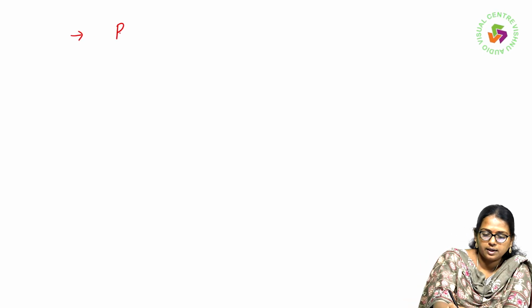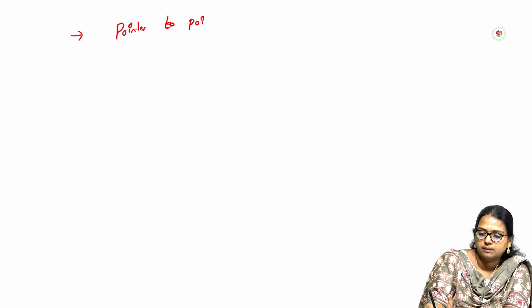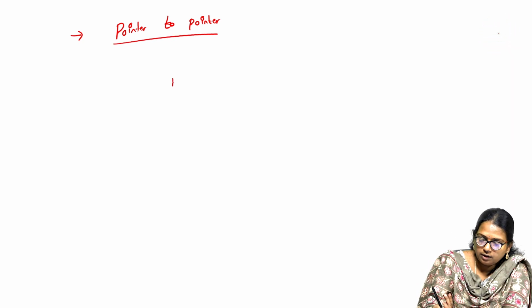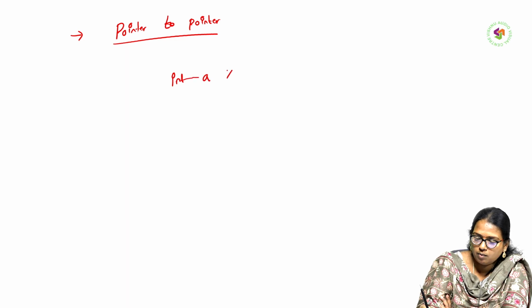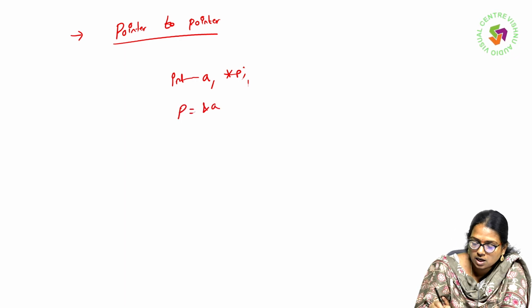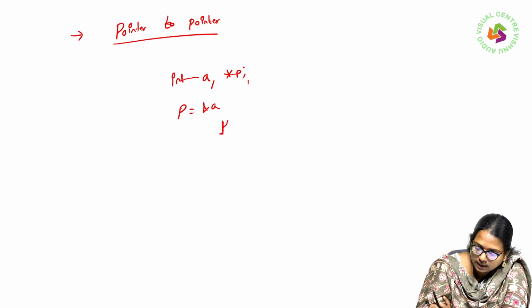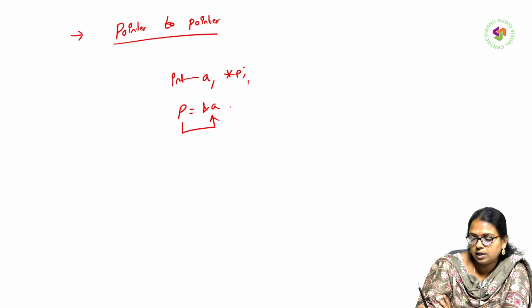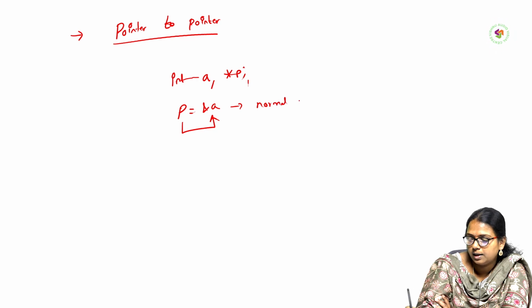Now we'll see a small concept here, pointer to pointer. See, if you declare a variable A and one pointer variable P, and P is assigned the address of A, that means the pointer is pointing to a normal variable.